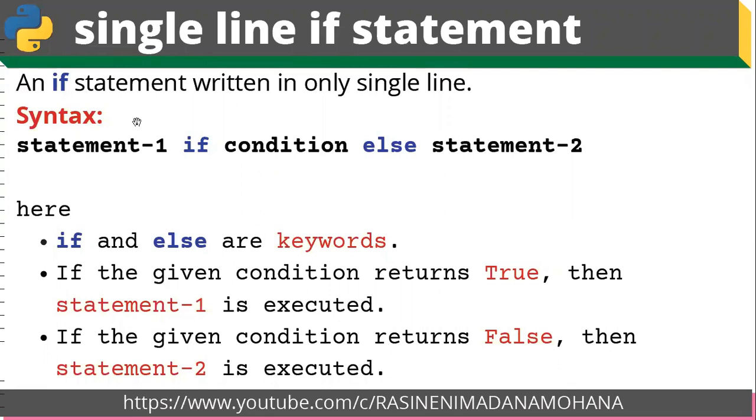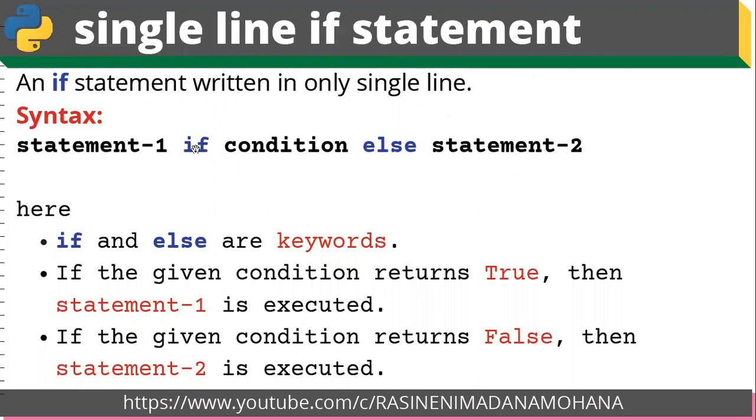So what is the syntax of this single line if statement? Here, before the if condition, you write statement 1. The syntax is: statement 1 space if condition else statement 2. This is on a single line without any colon, comma or separators, simply each part separated by a space: statement 1 space if space condition space else space statement 2.